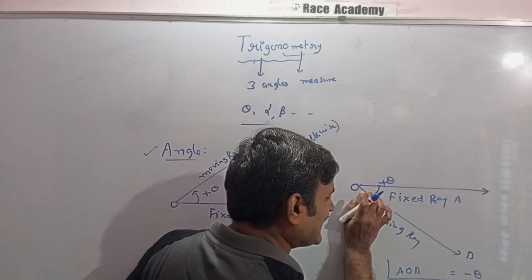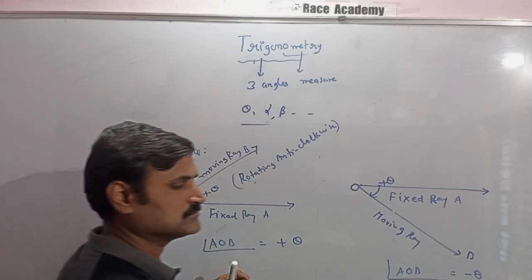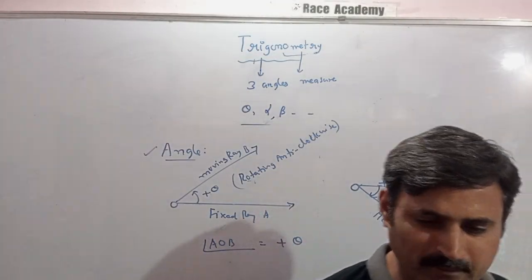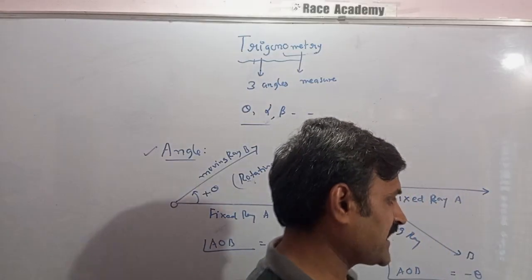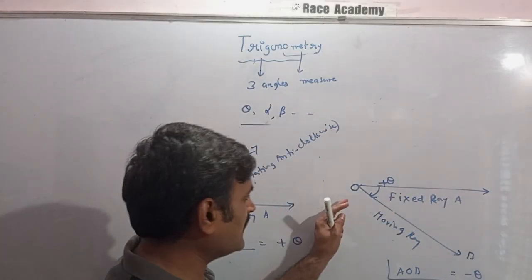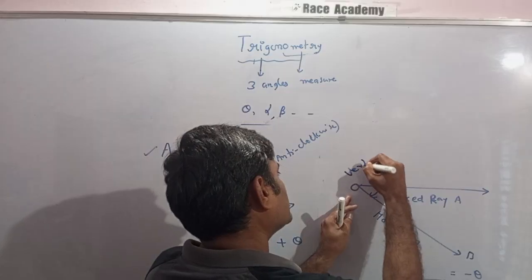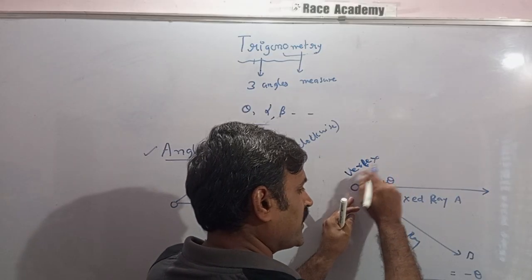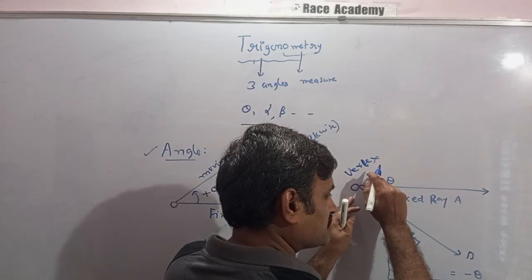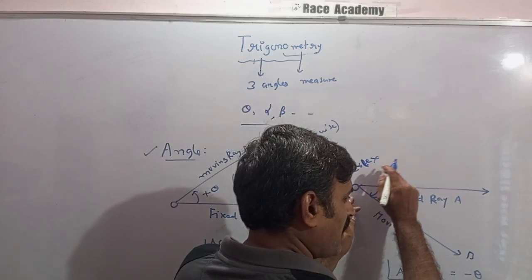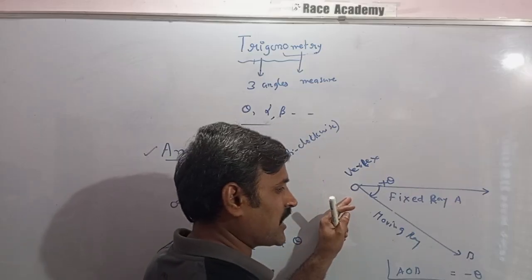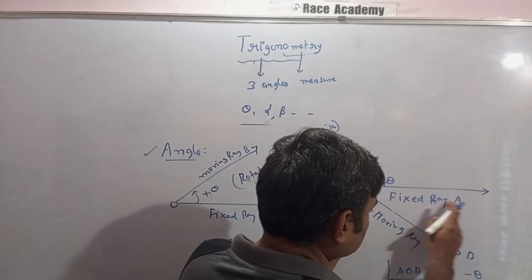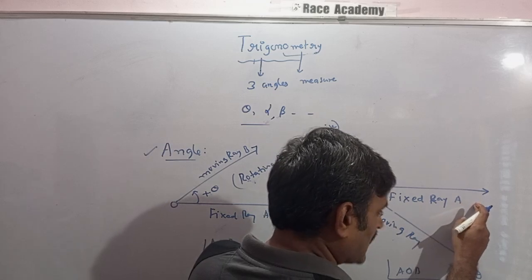They are emanating from a single point, we can say. Here O is called the vertex. And the terminal arm, what are the initial and terminal arms? I will tell. OA is called the initial arm.